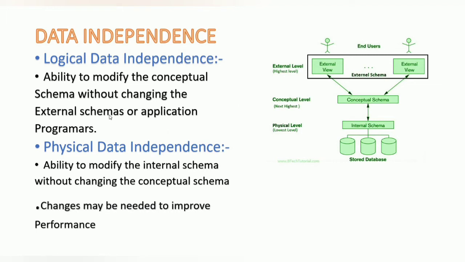Data independence is further divided into two types. One is logical data independence. Logical data independence works between the conceptual schema and the external schema. It is the ability to modify the conceptual schema without changing the external schema or application programs.